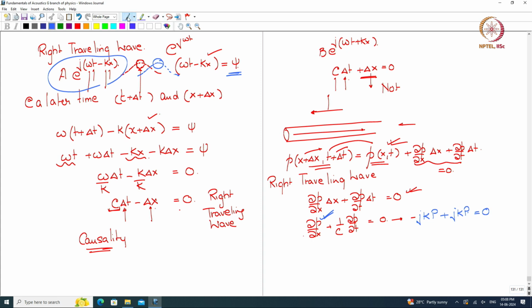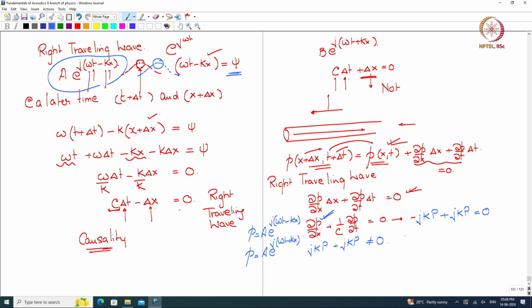Considering my p to be equal to a e to the power of j omega t minus kx. Now if we apply p equal to a e to the power of j omega t plus kx, then I get jkp plus jkp, that is not equal to 0.